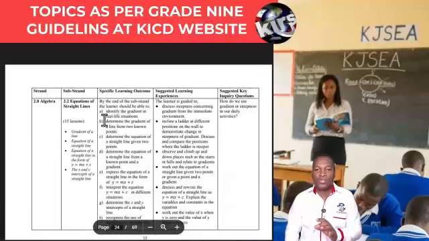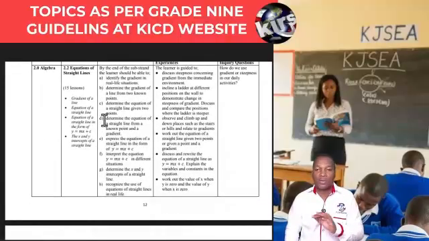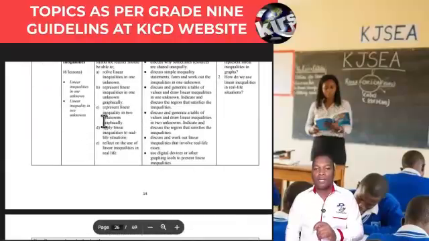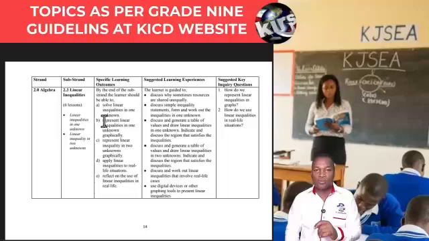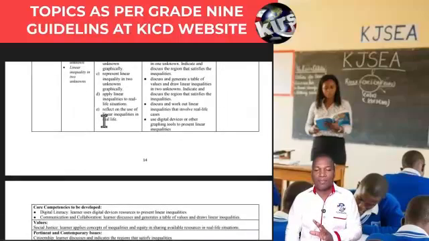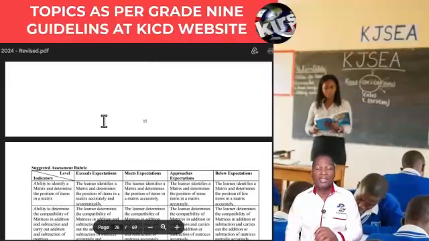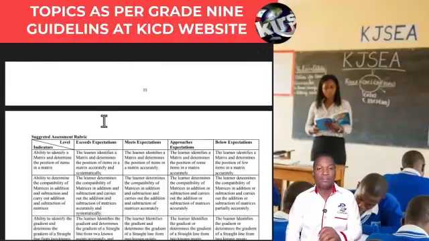Then we have equations of a straight line, taught in Form 2 in the current 844 system, so KJSEA students are supposed to be already taught this before they do the exam. And then we have linear inequalities, a topic taught in Form 2 in the current 844 system, but supposed to be handled at grade 9 in the CBE system.